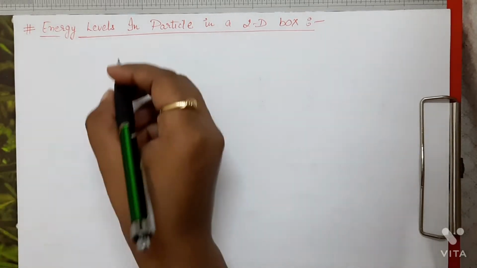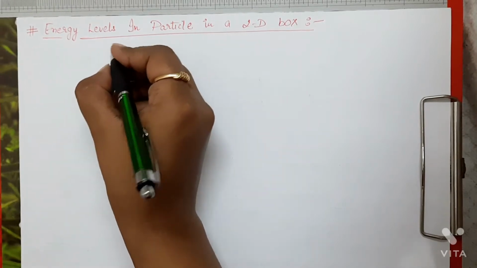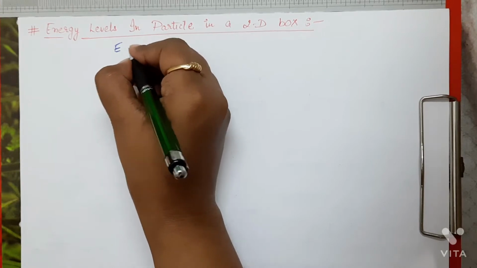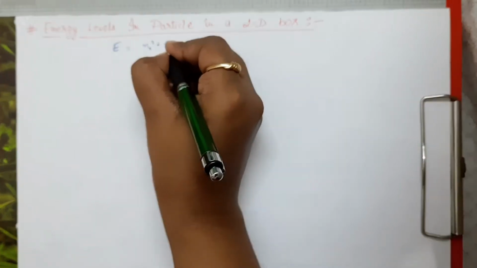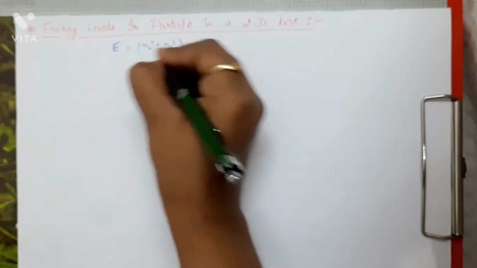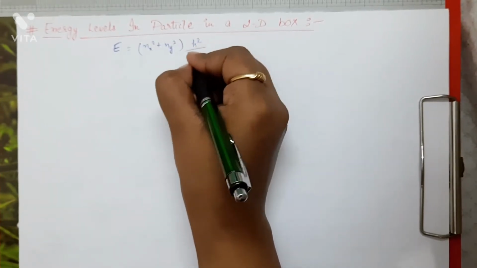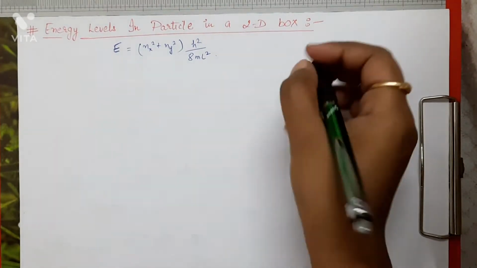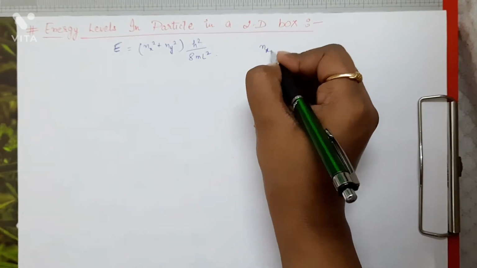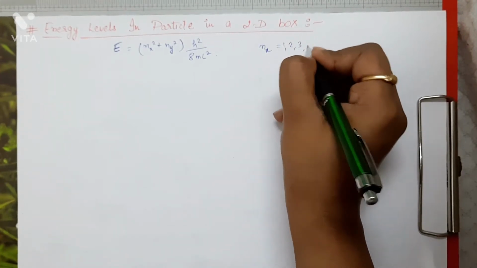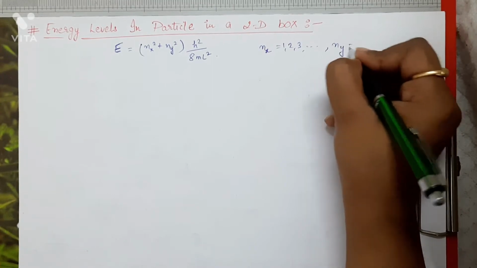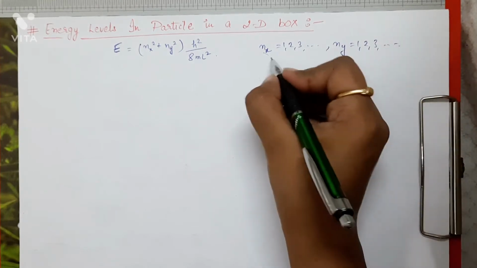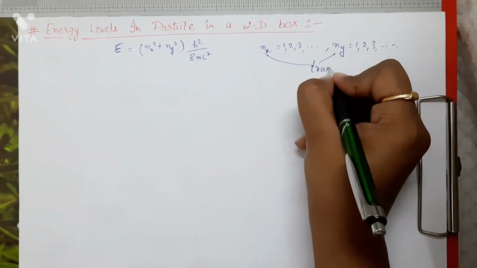If you remember, in the last video we discussed the formula for energy, that is E equals (nx square plus ny square) into h square upon 8 m l square, where nx can be equal to 1, 2, 3 and so on, and also ny can be equal to 1, 2, 3 and so on. So nx and ny are nothing but your translational quantum numbers.